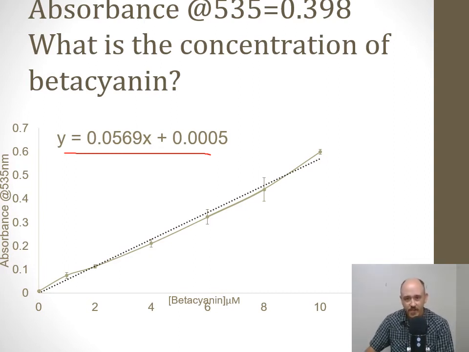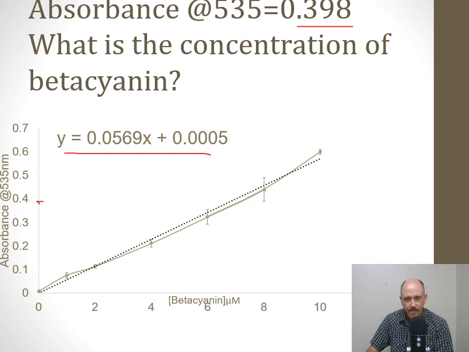So this is an example of a standard curve, and what we see here is, if I have a question, if something at 535 had an absorbance of 0.398, what was the beta-cyanin concentration? So how could you solve that? Well, absorbance is the y-axis, right? And we know that it's 0.398, so it's about right there.